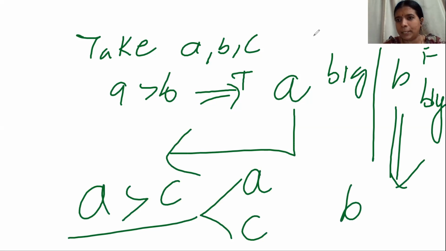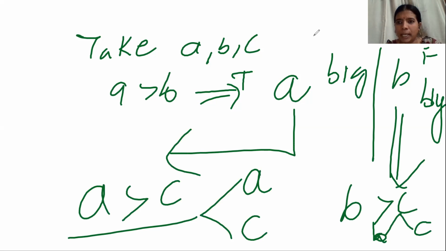So compare B with the next element C. Now the answer will be either A is bigger, or B is bigger, or C is bigger. So this is how you find out which is bigger.